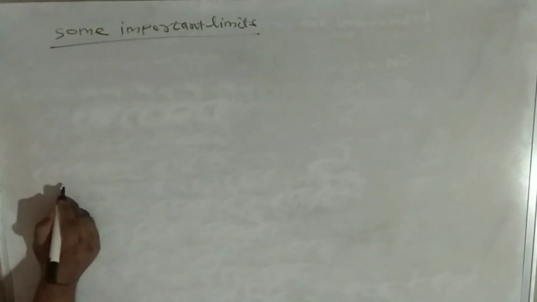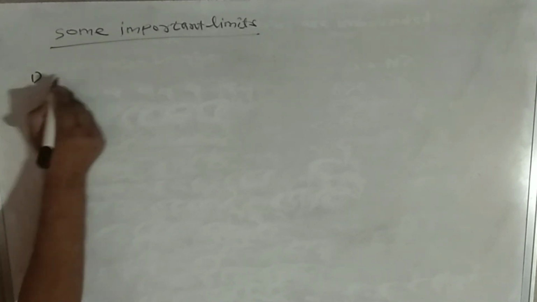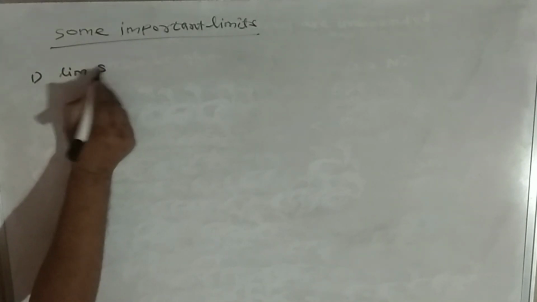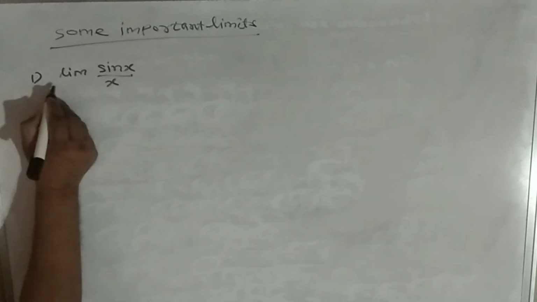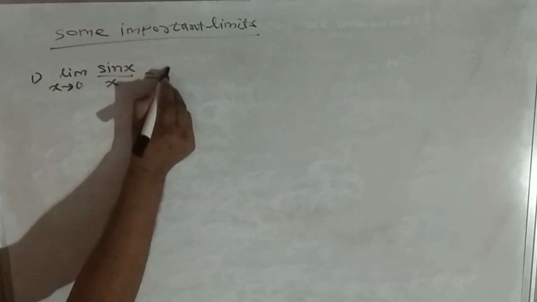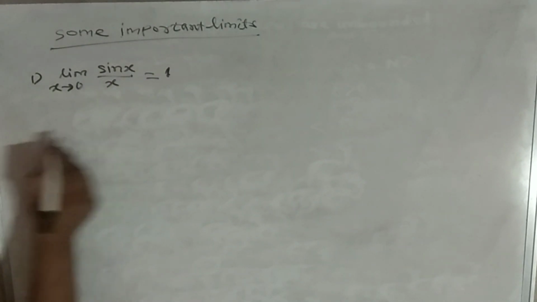You remember these important limits or important statements. Number 1, the limit of the function sin x upon x as x tends to 0 is equal to 1. You remember these formulas or theorems.